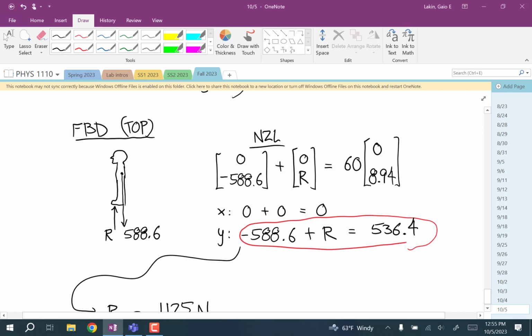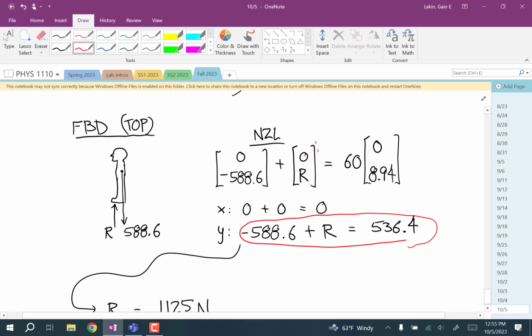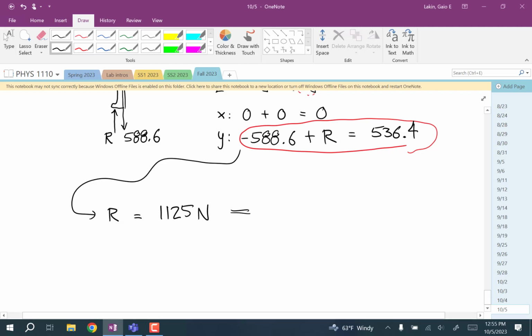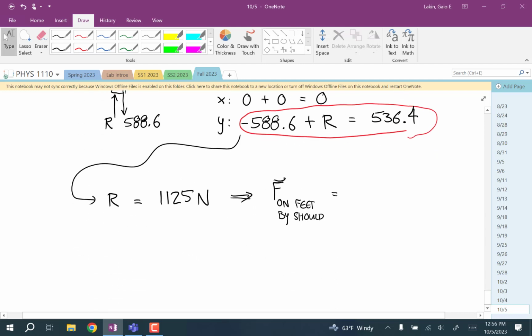Well, this is the force vector we want. So now plug the value in there. And that says that the force on the feet by the shoulders is 0, positive 1125 newtons.